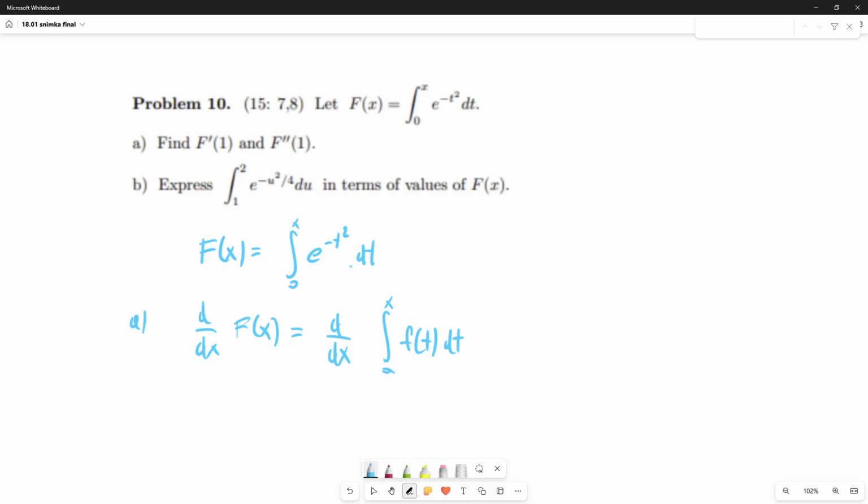We can even write it down and mark it as a. We know that this derivative is equal to little f of x.